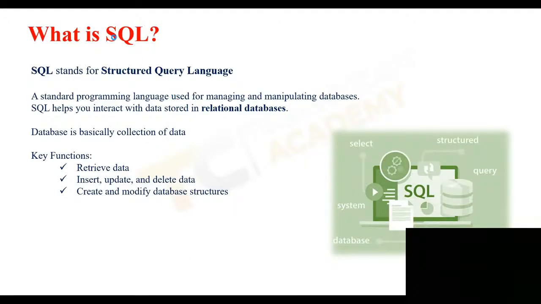What the peon does here is just go and bring the book that the clerk is commanding him. Similarly, SQL is nothing but when we provide some commands, it goes to the database and gets the data for us. So this is an example to understand SQL.